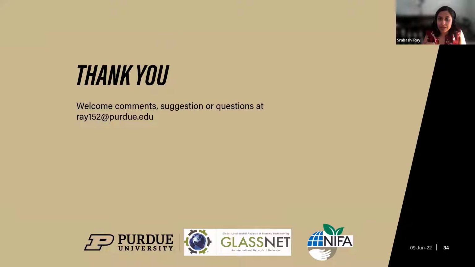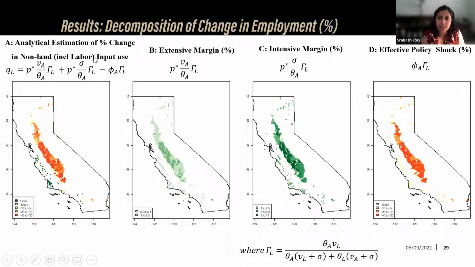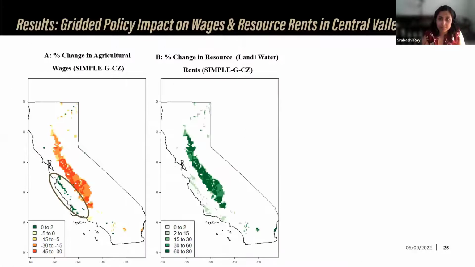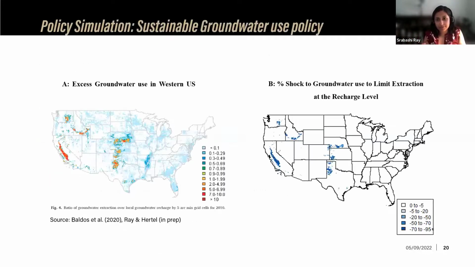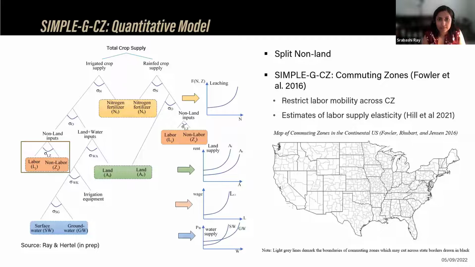But when I talk about irrigation augmented land, essentially that's aggregated up in value terms as I go up the production tree. So the irrigation augmented land in value terms is a sum of land and water, if that makes sense.